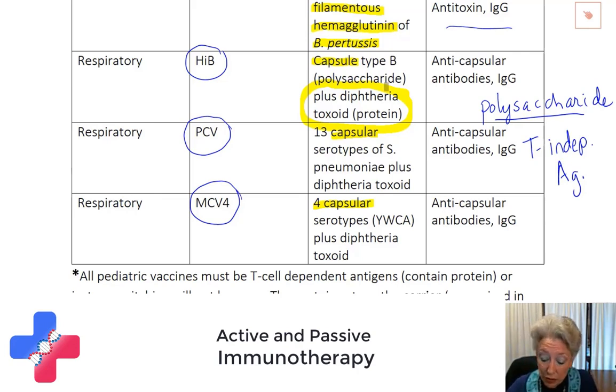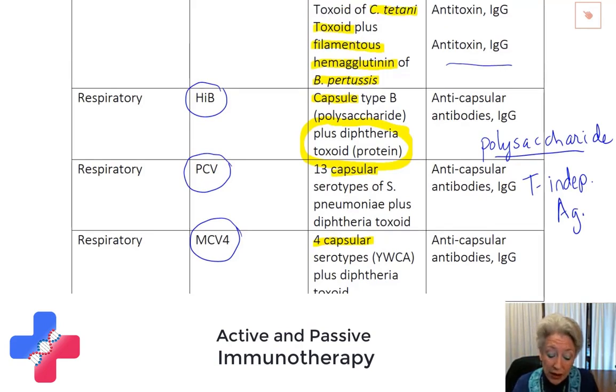Now, in case that seems rather strange to you, realize that back in 1990, when we were having an unbelievable outbreak of H. flu meningitis that was extremely scary and frightening parents globally, the vaccine manufacturers went to the Food and Drug Administration in the United States and said to them, we have an idea, based on our understanding of how the immune system works, that if we can covalently couple that capsular material to a protein, then we can get a much stronger and better and more successful response in the children we vaccinate, and perhaps we can stop this amazing outbreak that we're seeing.